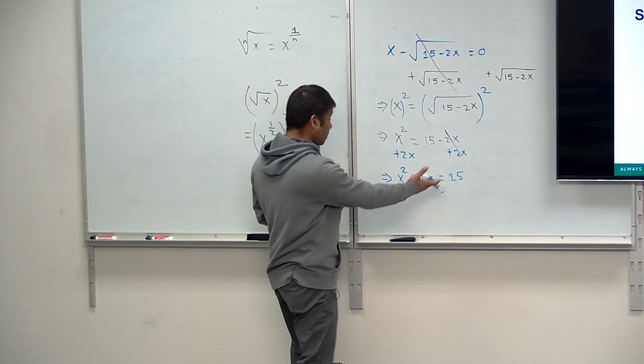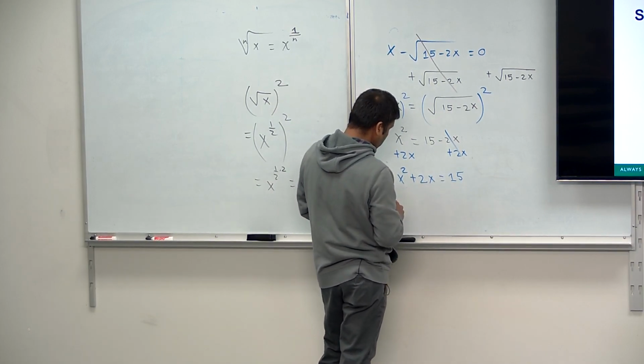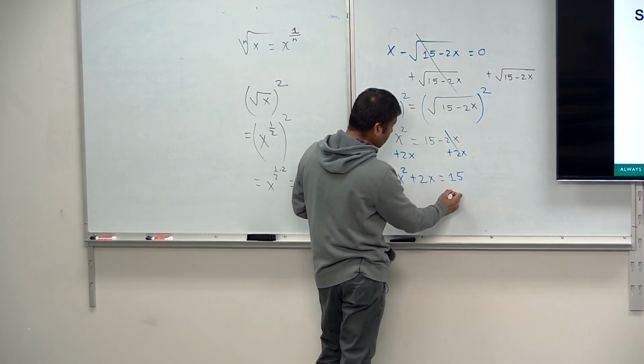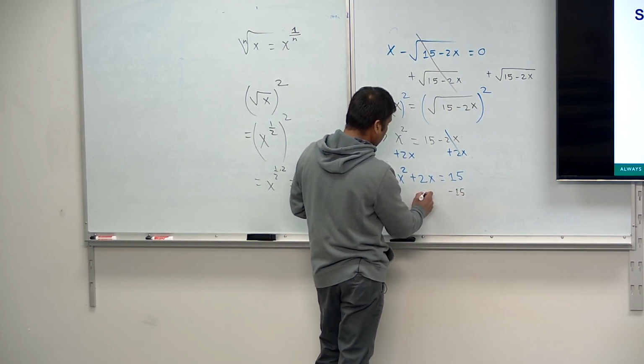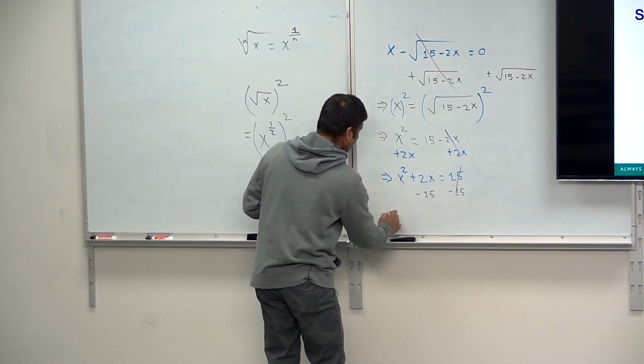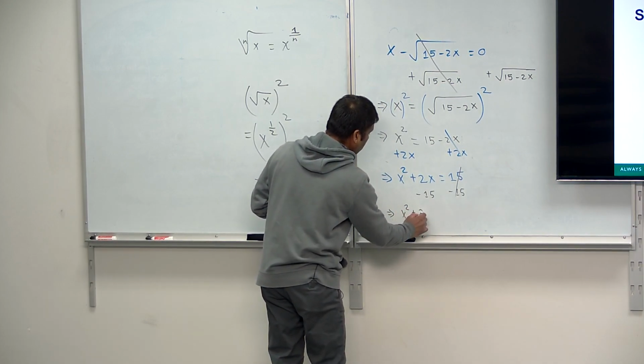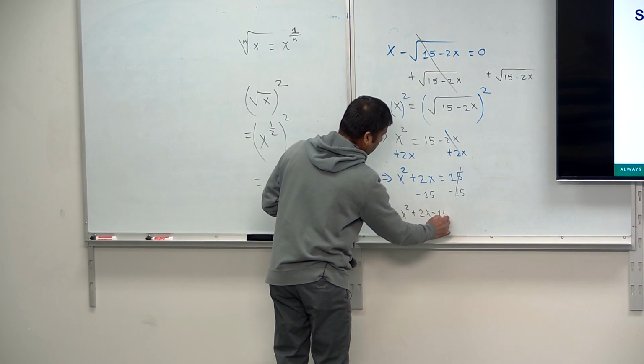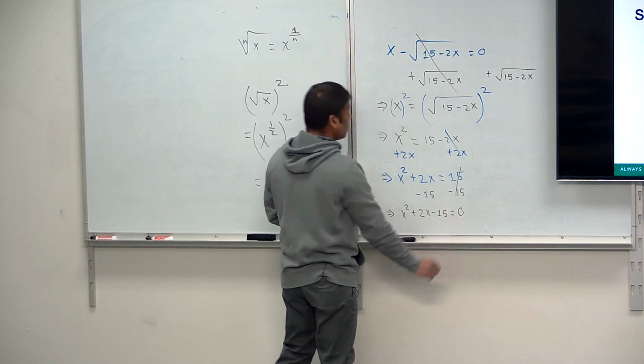And then you move this 15 to the left side. So you subtract 15 from both sides, and you cross them out. So it will be x squared plus 2x minus 15 equal to 0.